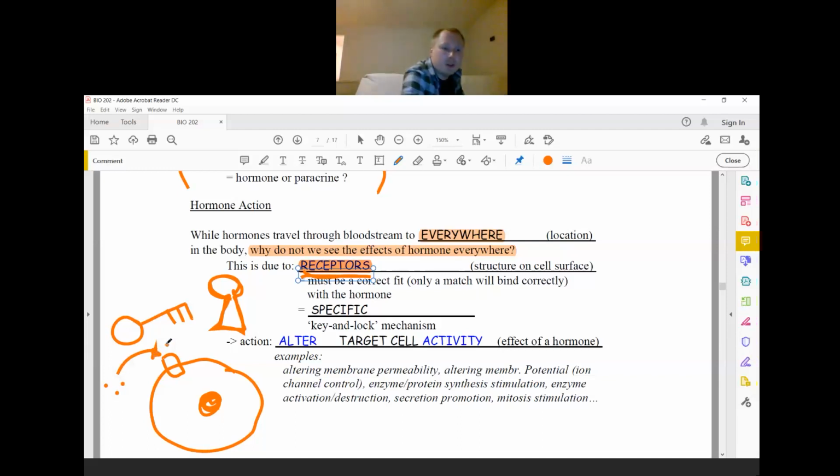And only if it's a correct fit, then that receptor will trigger a series of changes inside the cell. We'll have a look at this concept in a little more detail, but this is the large picture. So if it's a fit, then the target cell's activities change somehow. It might be that we activate certain genes within the DNA, or start producing certain proteins, and so on and so on.